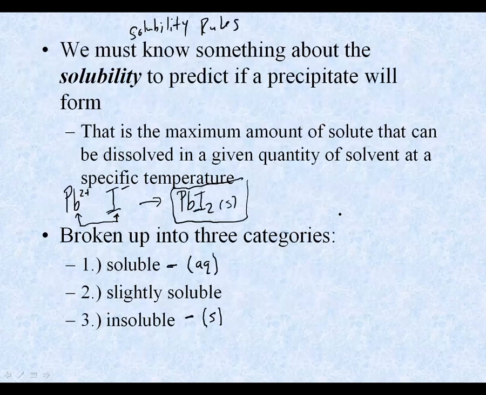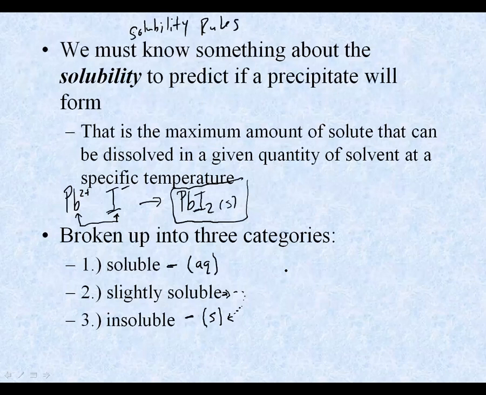Now, the third classification, which again in this class may not come across too often, is slightly soluble. For most people, think about slightly soluble as still technically being insoluble, but it does mean exactly what the name implies.